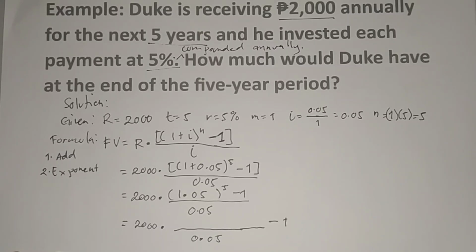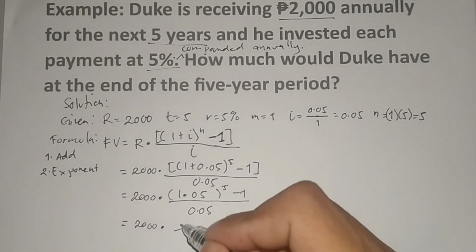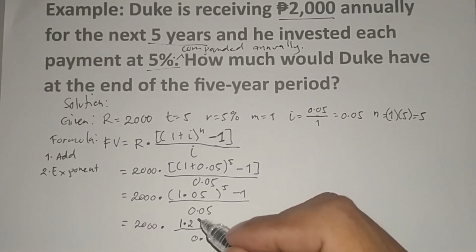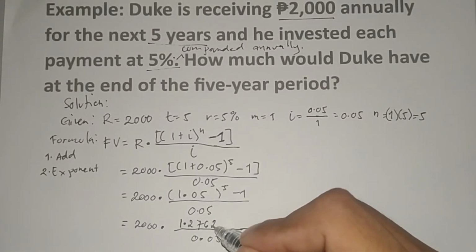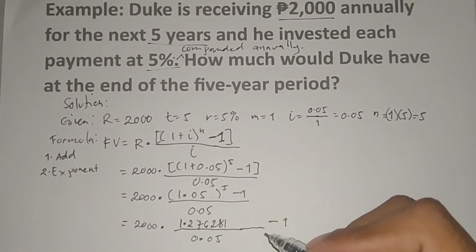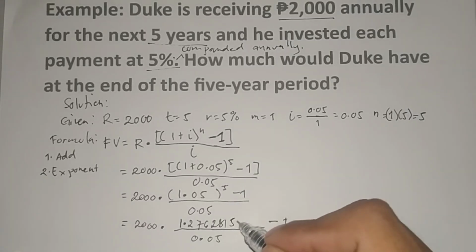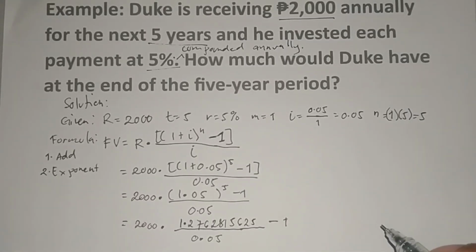Okay, so 1.05 raised to 5 will result to 1.2762815625.